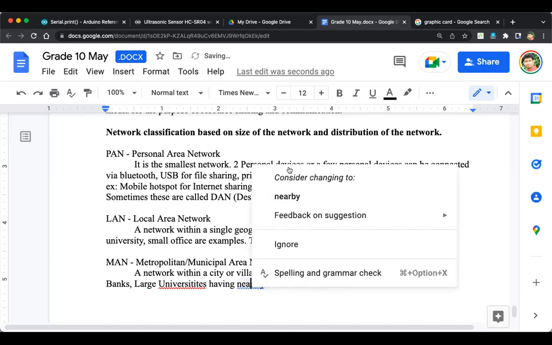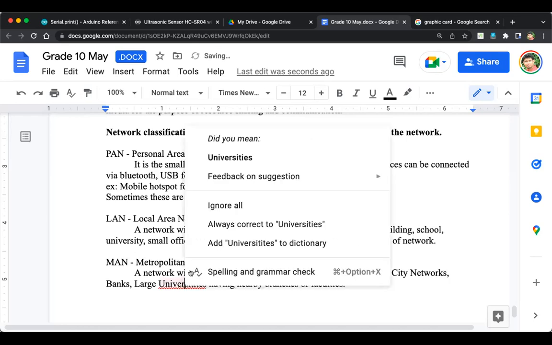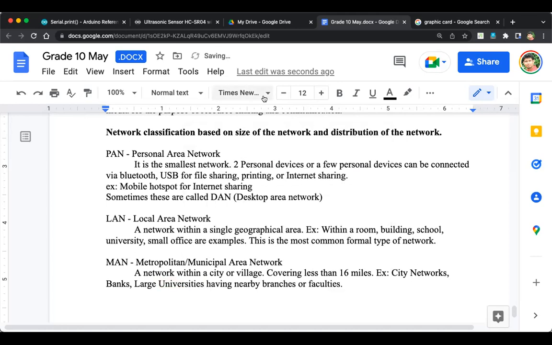So it is not a single geographical area. It is not easy to travel from one place to another by walking, but still you can travel by a vehicle, so it covers a metropolitan area.